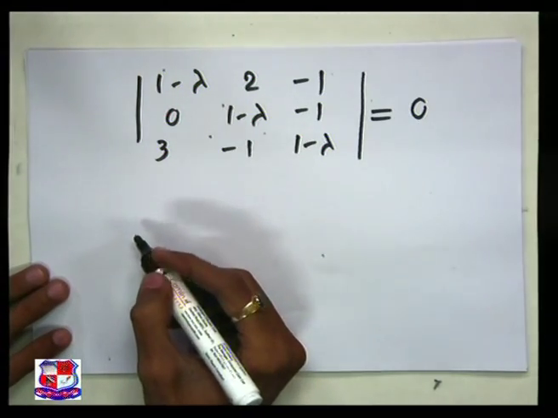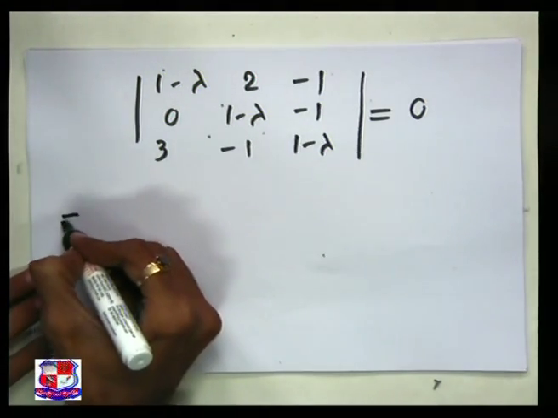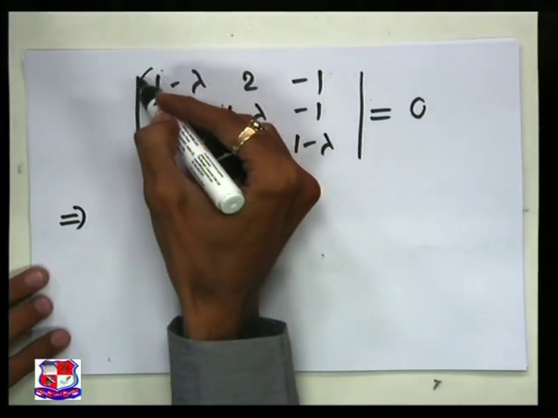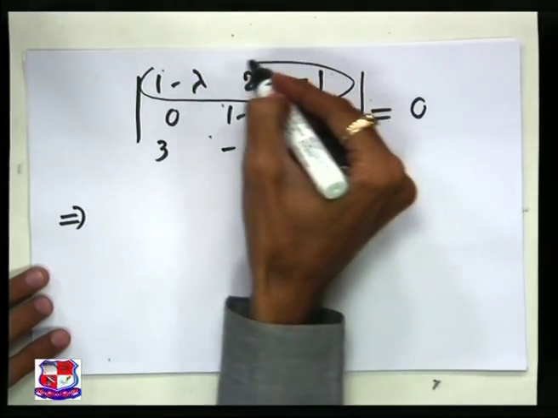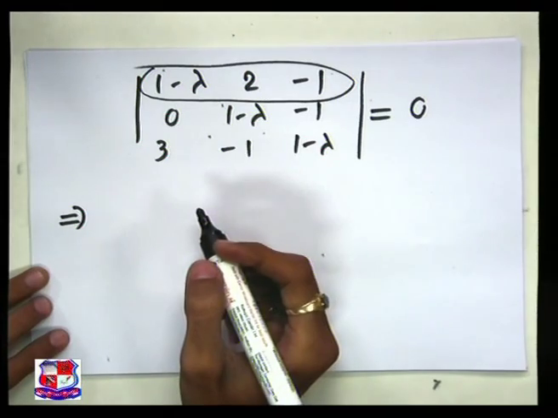We know that to expand this one, we will multiply all the elements of the first row with their cofactors.